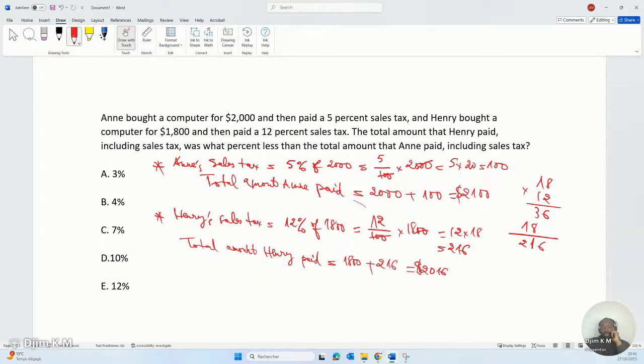So first of all, let's find the difference between the total amount by Anne and Henry.